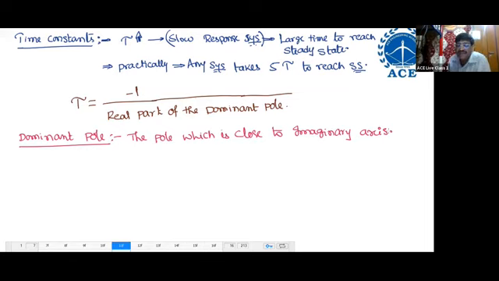So any system takes 5 time constants to reach the steady state. Practically 5 tau, theoretically infinity. We'll solve one problem here.